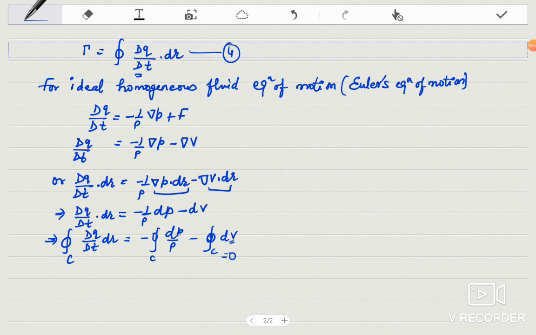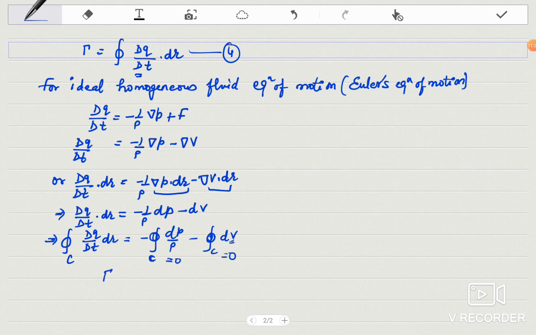Similarly, when rho is a function of pressure only, and this is the derivative with respect to the line, with respect to length, the integral of dp will again be p, and as it is around the closed curve, the initial and the last point are same, so p will have the same value, and so this will again be 0.